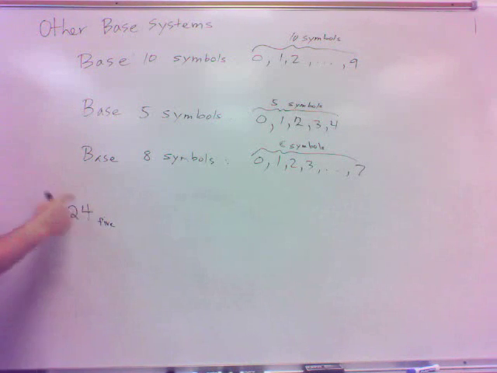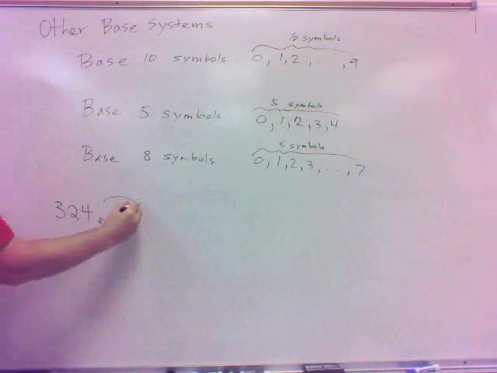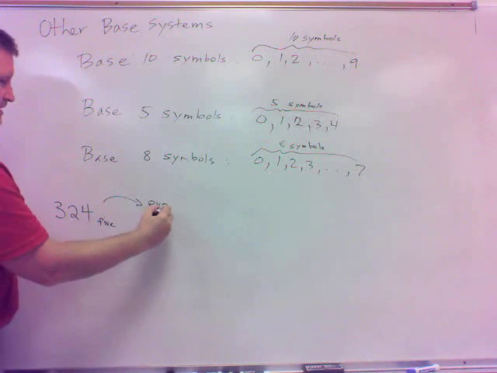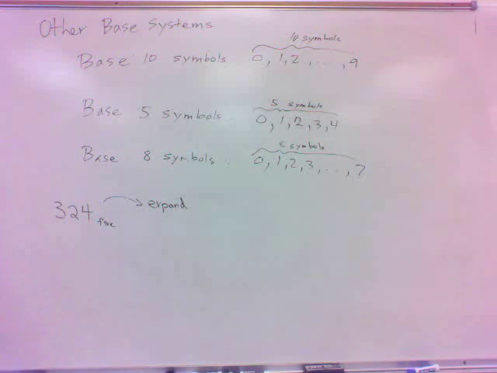Now one thing about it, and that's why I talked about just previously about expanding. When I expand this number, base 5, the deal is, since I'm in base 5 now, I won't have powers of 10.